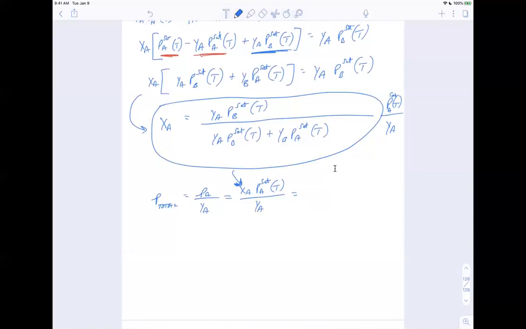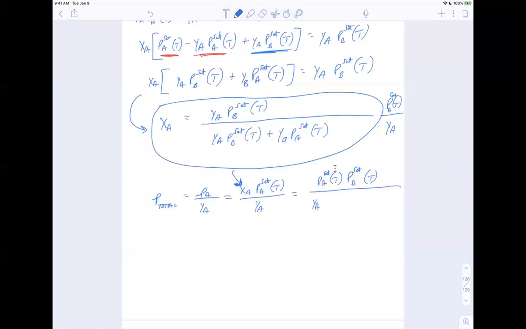The ya in the numerator is going to cancel because I'm multiplying whatever's in the circle by PA sat divided by ya. So the ya in the numerator cancels, and all I'm left with in the numerator is a PA sat of T times PB sat of T. I don't have to worry about anything on the bottom; I just bring down whatever I had in the denominator in the circle.